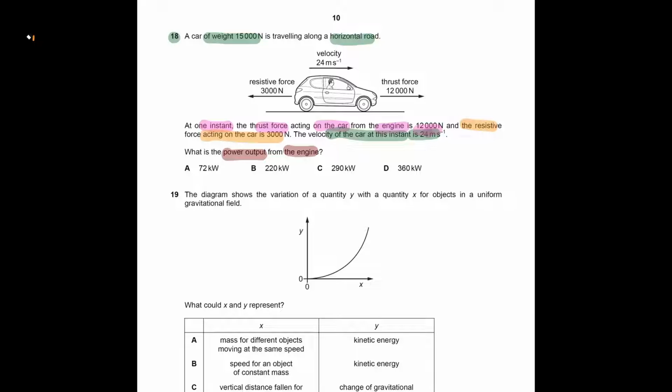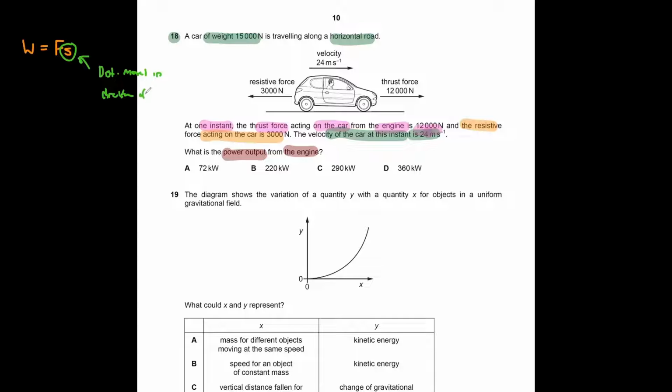Okay. Right, so just to recap a little what you guys learned for work, energy, power. When you're talking about work done, you know it's the product of force and distance moved in the direction of the force. There are a few conditions attached to this equation.